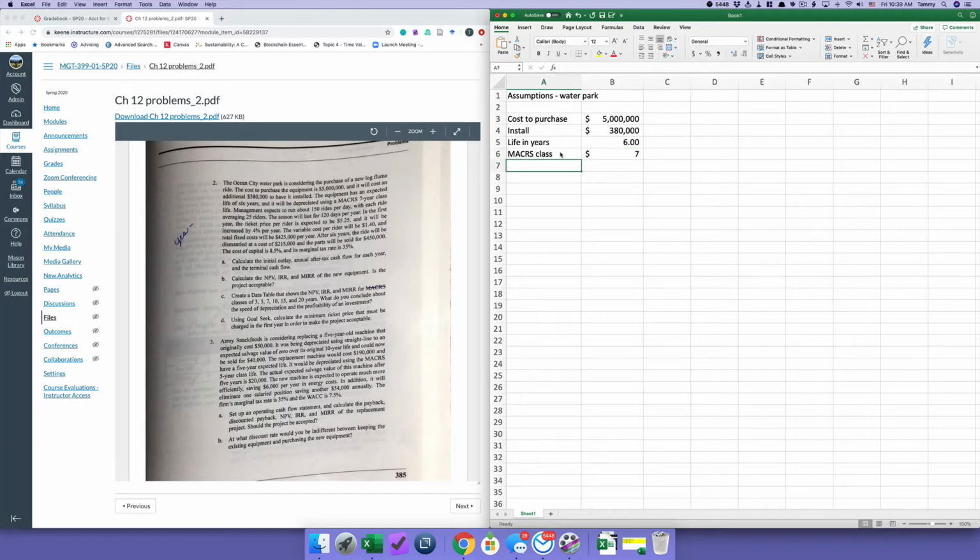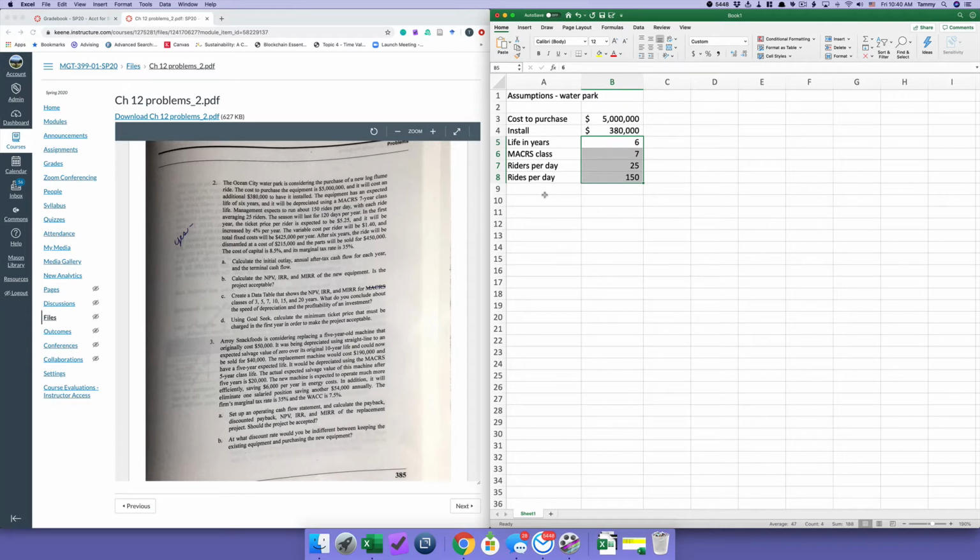We have 25 riders per day. We have rides per day is 150. Let's make these not, there we go.